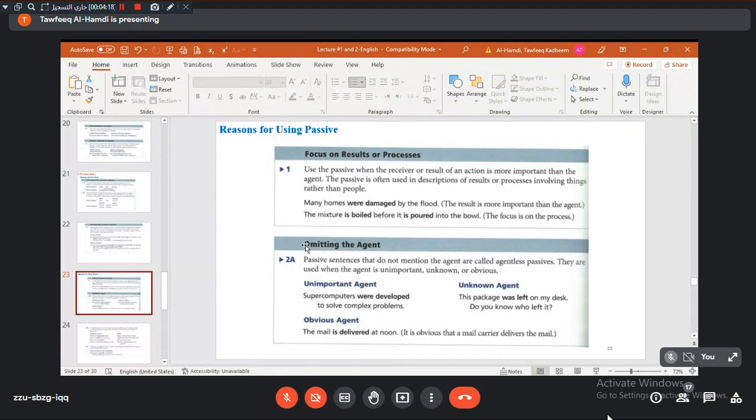An example of an unimportant agent is the following one: supercomputers were developed to solve complex problems. In this sentence, the agent was unimportant to be mentioned.